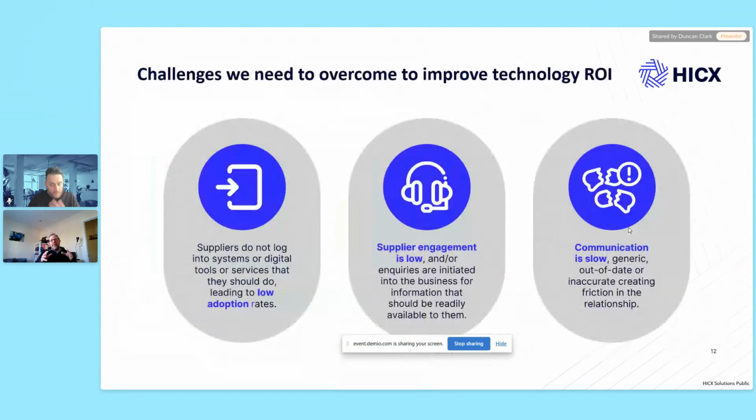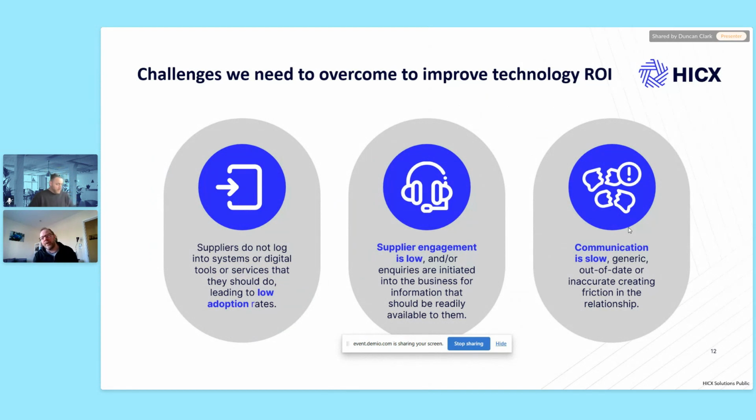So in order to do that, and to start looking at it from this improving technology ROI perspective, we can summarize this as three key problems or challenges that we're spoken to about every single day in terms of what we need to do to achieve this. Number one, suppliers are not logging into the systems or digital tools or services that they should. This equals low adoption rates. Number two, on top of that, ongoing supplier engagement is low, and therefore we need to improve that.